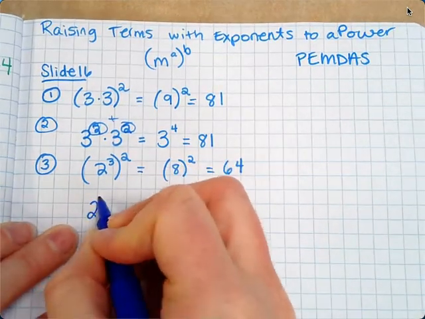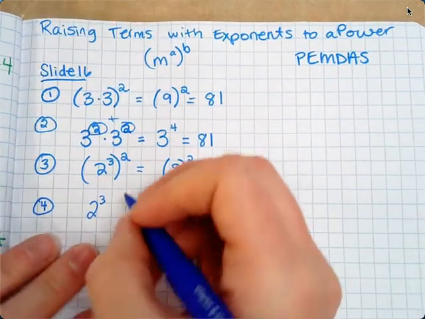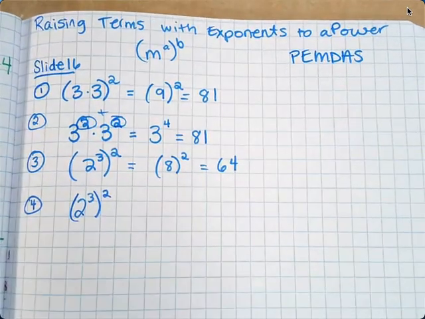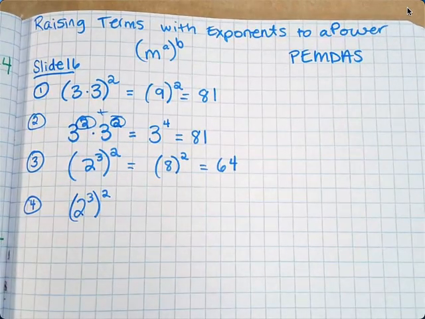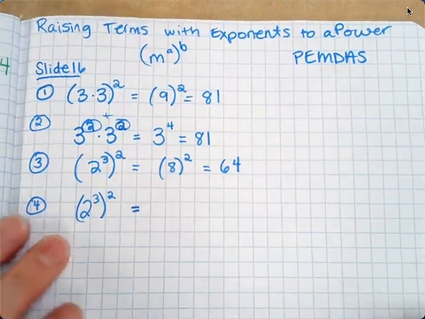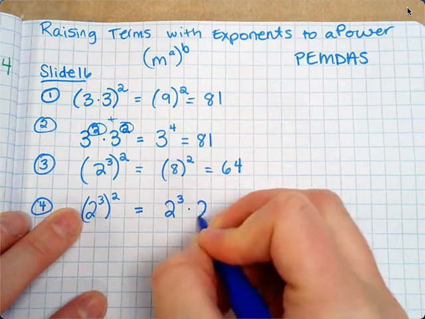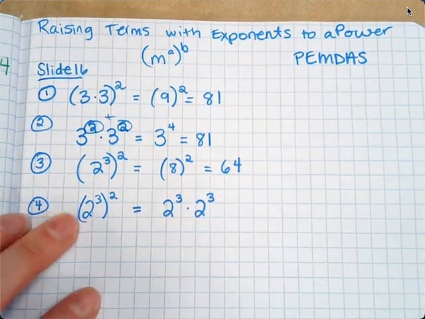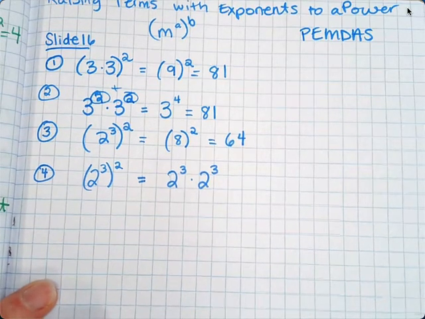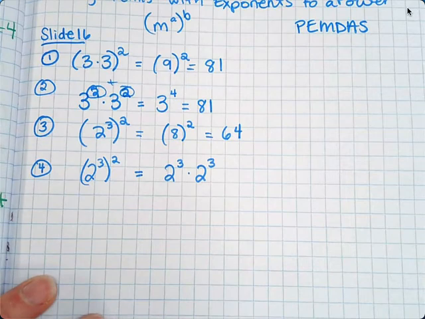Let's think about 2 to the 3rd squared in a different way. Let's square it first. Squared means repeated multiplication. So I'm going to multiply 2 to the 3rd times 2 to the 3rd, because 2 to the 3rd squared, just like if I say a squared, that means a times a.